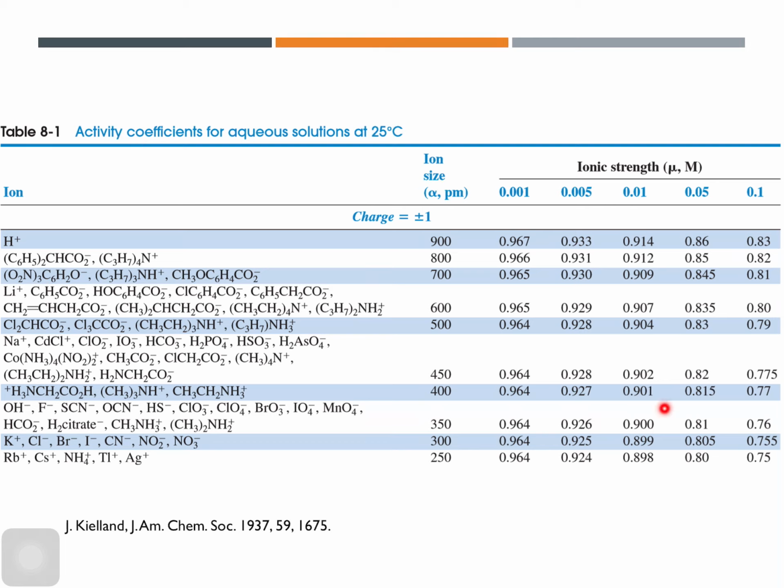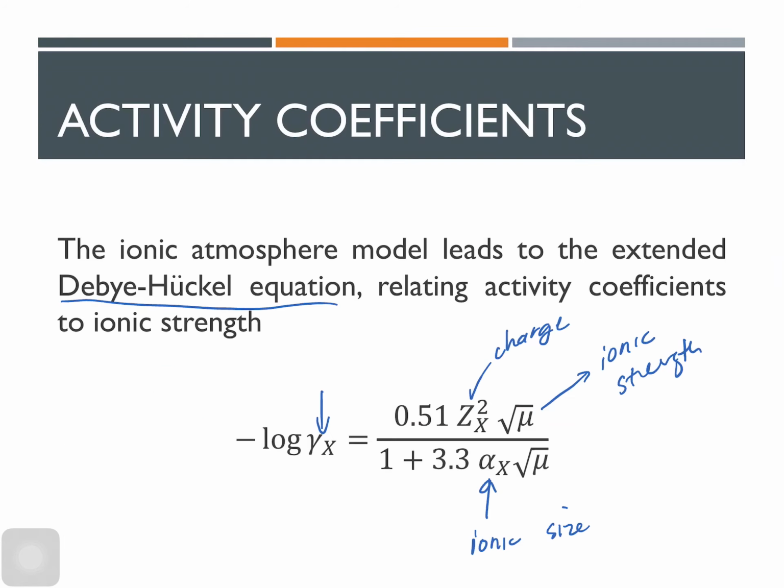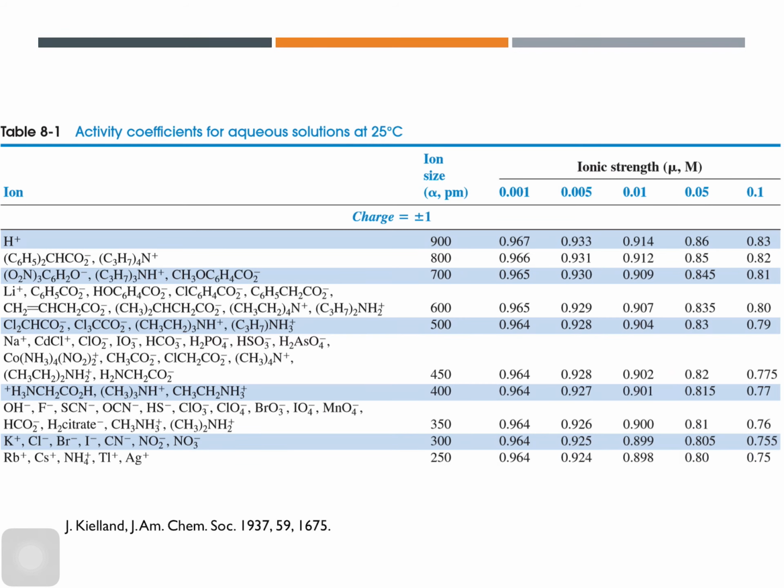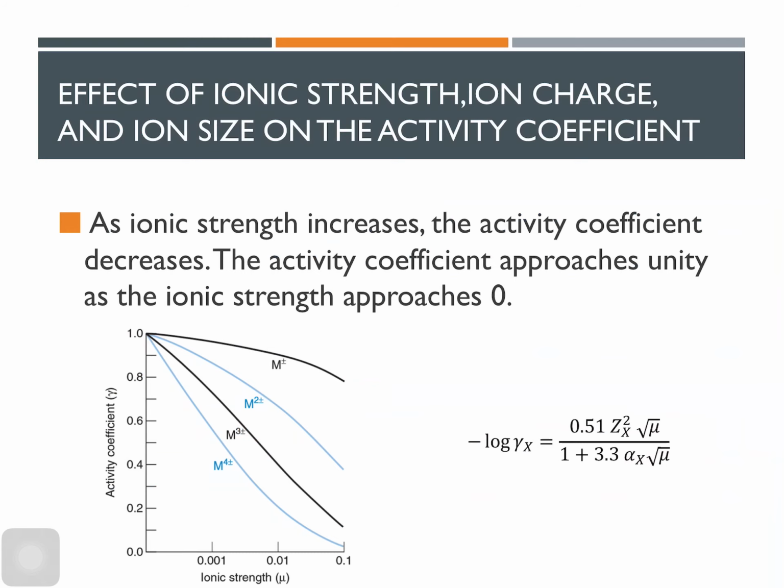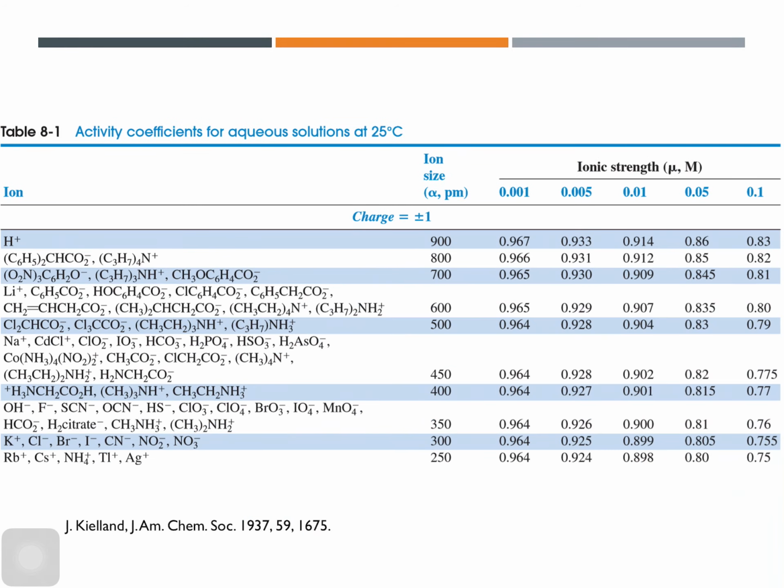So through Kielland, we're not going to use the Debye-Hückel equation anymore as long as the ionic strength is 0.01, 0.05, or 0.1. However, we'll still try to use the Debye-Hückel equation. Okay, so let's try this.